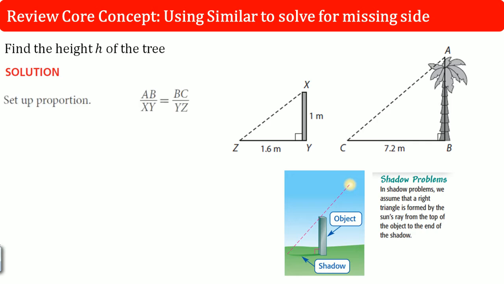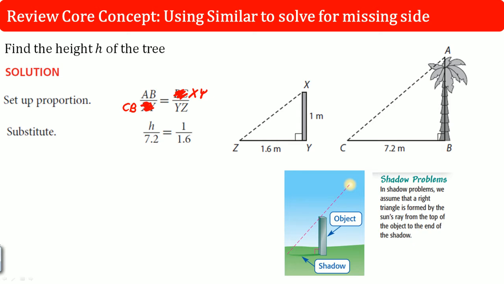Here, they set up the ratio. And again, the ratio was wrong. They went AB over CB here. Then they went XY divided by ZY. Then they make the substitution.